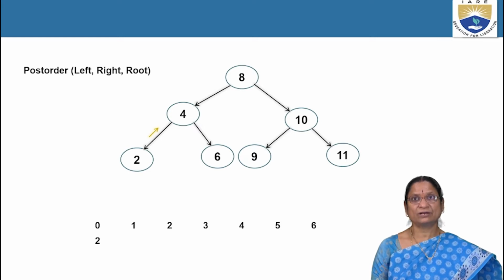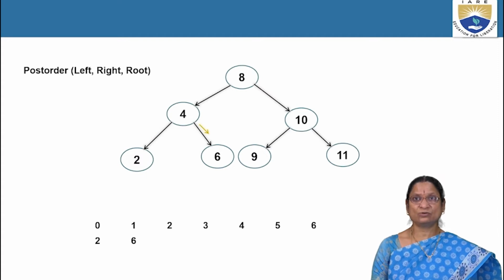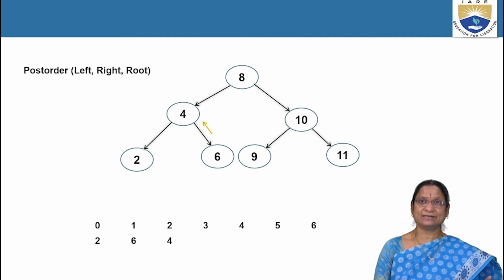After that it will go back to the parent. Already the left is processed. For 4, 2 is the left and 6 is the right. So it will first move to the right subtree. For 6, no left and right, so the root is processed as 6. Then it will go back to the parent. Now the parent is going to be printed, that is, the root of the left subtree, 4. So the order is 2, 6, 4.